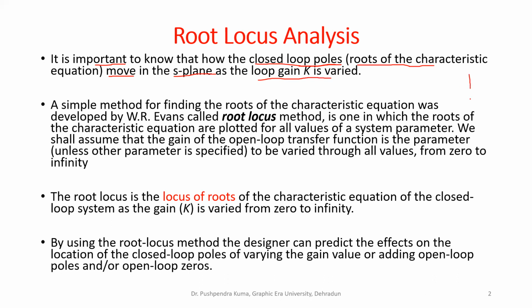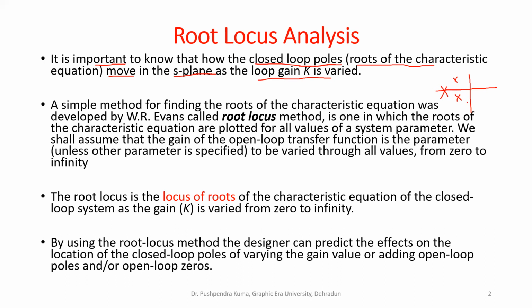Okay, so you have some S plane, and you have some poles in this S plane, one, two, and maybe many poles. These poles will definitely change if some parameters of the characteristic equation are changed. So it is interesting to see their movement in this S plane so that you can predict the behavior of the output as well as its stability.